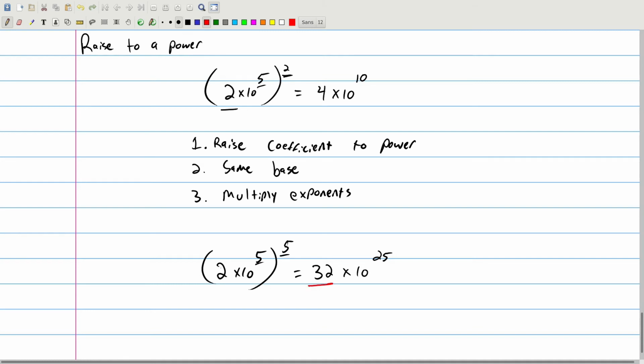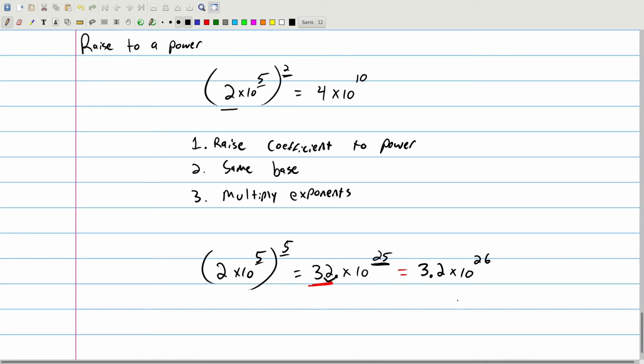This 32 shouldn't be a 32, because remember, whenever we put a number in scientific notation, it's the first non-zero digit, a decimal point, and then any other digits. So this should be 3.2. That means we moved our decimal one more time, which means this should be 3.2 times 10 to the, not 25, but 26 here.